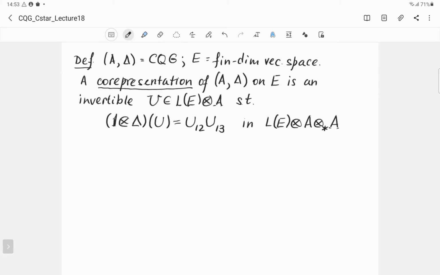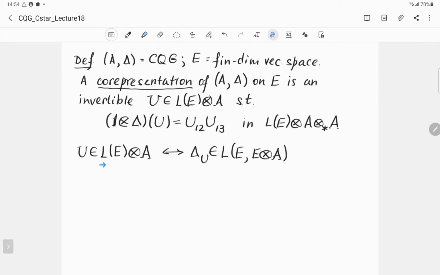Okay, let's also recall that each element U in our tensor product, L of E and A, corresponds bijectively to an element delta U, which is a linear operator from E to E tensor A. For the simple reason that these two vector spaces, this one and this one, are isomorphic for each finite dimensional vector space.